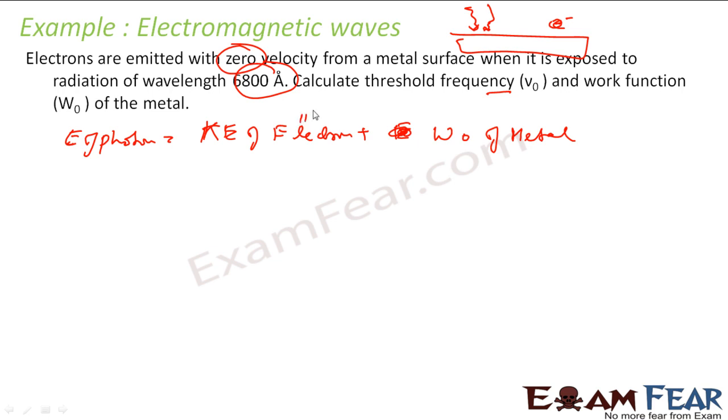This kinetic energy is zero because the velocity is zero. So energy of photon is nothing but work function of the metal. So I can find easily the work function of the metal, correct?